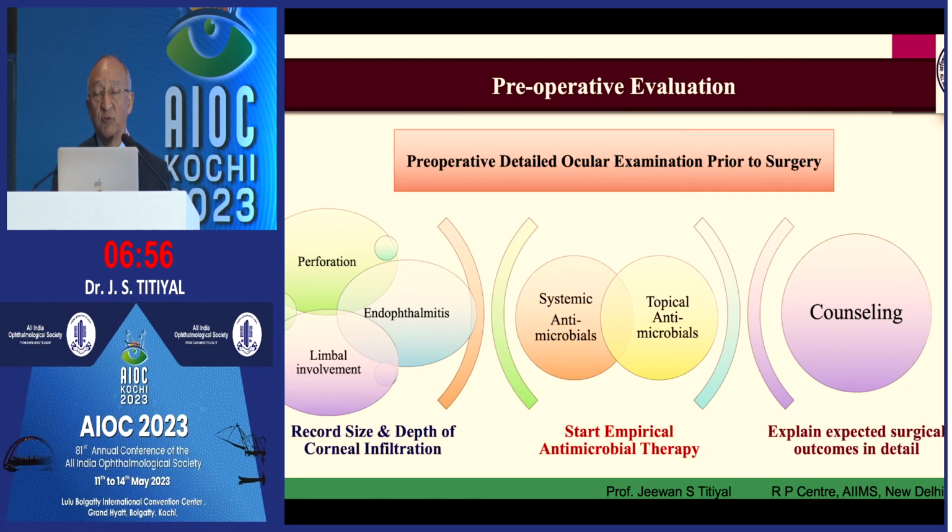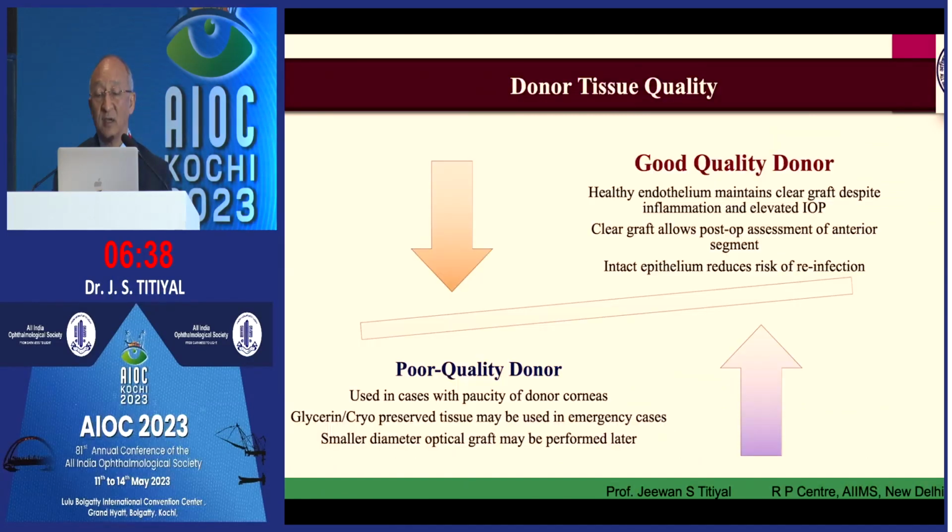Don't wait too long, where the ulcer becomes too large, reaches the periphery, involves the limbus and sclera, because then your outcomes are very, very poor. Some patients may have very deep involvement and may go into endophthalmitis. So you have to make a decision early enough, counsel your patient, record the pre-op findings, continue treatment, and don't wait for good quality donor tissue.